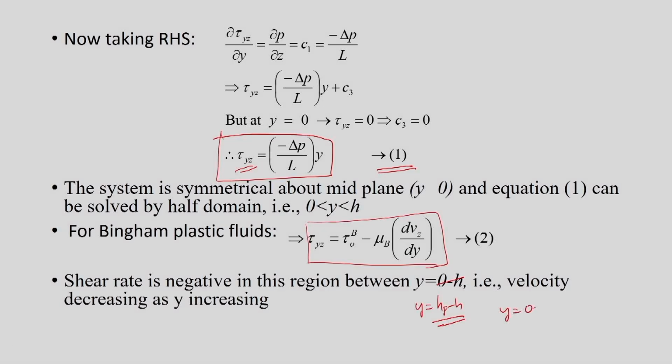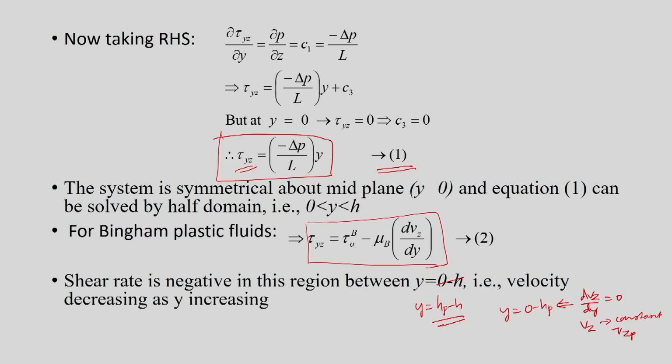For y equals 0 to hp, the shear rate is 0 because Vz is constant, that is the maximum velocity Vzp, right. We are going to develop this one also.